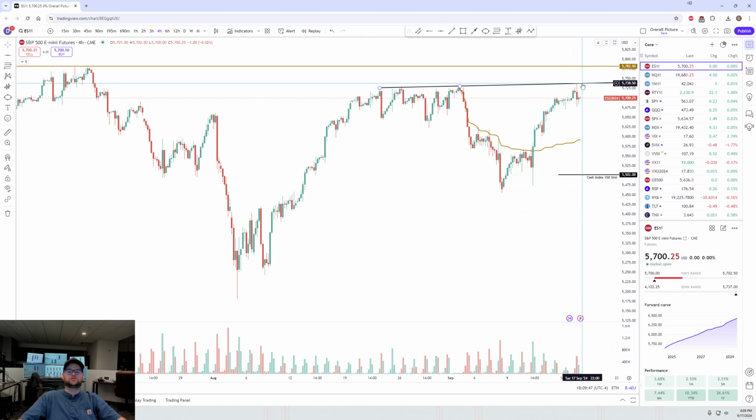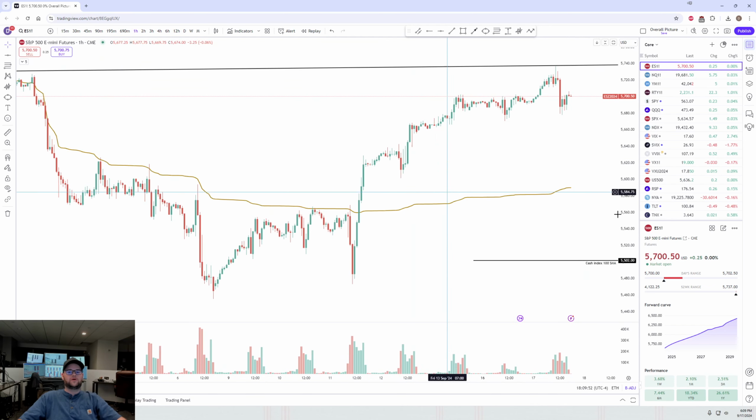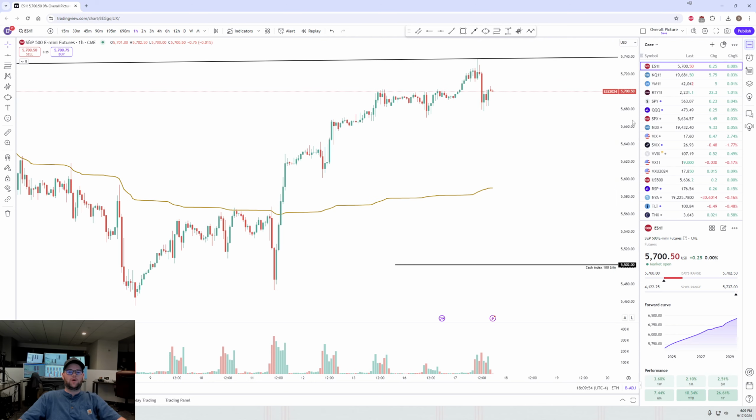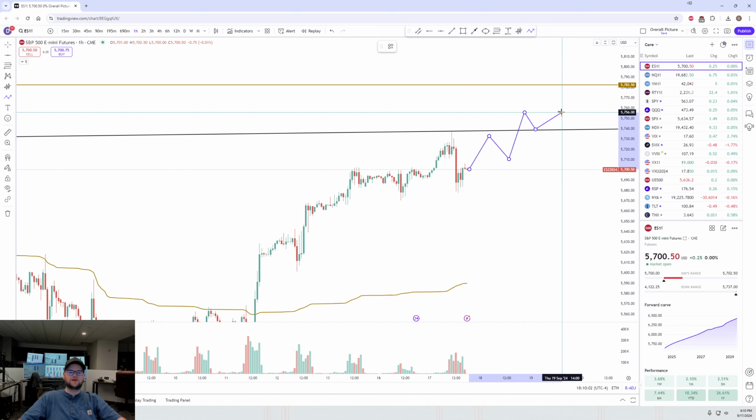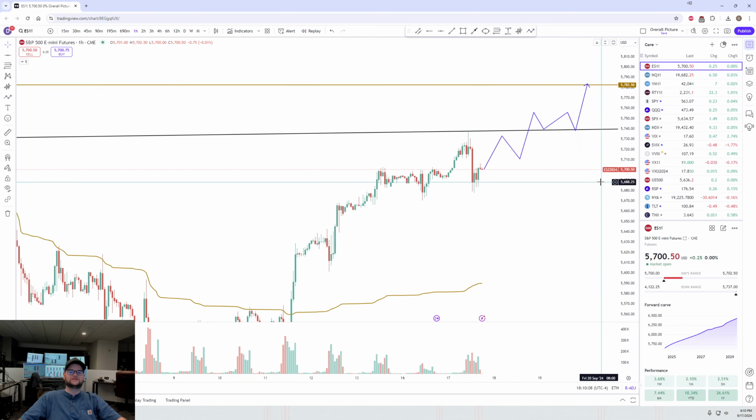So if that trend line breaks to the upside, you would want to see price be able to get bought on dips above. You want to see something like this, where price comes up here, breaks above, and then you want to see dips above that black line get bought for a move to new all-time highs, okay?